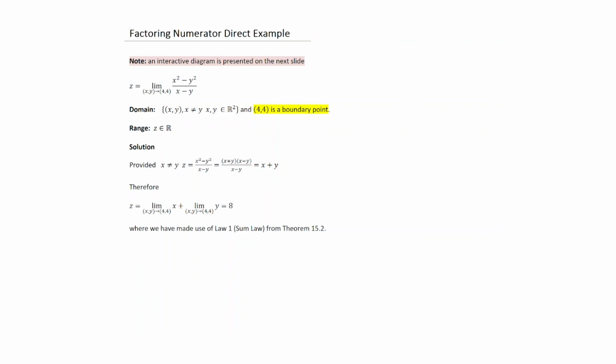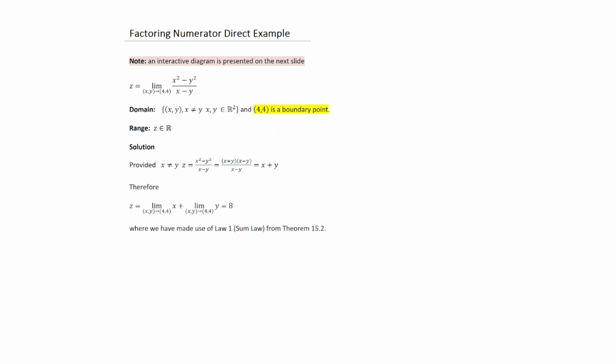Okay, so in using the factoring numerator approach, we need to take the numerator and just factor. It's a quadratic expression. And so x squared minus y squared is equal to (x plus y) times (x minus y), divided by (x minus y). Well, the (x minus y) on the numerator and denominator factor out, and you end up with a final solution of x plus y.